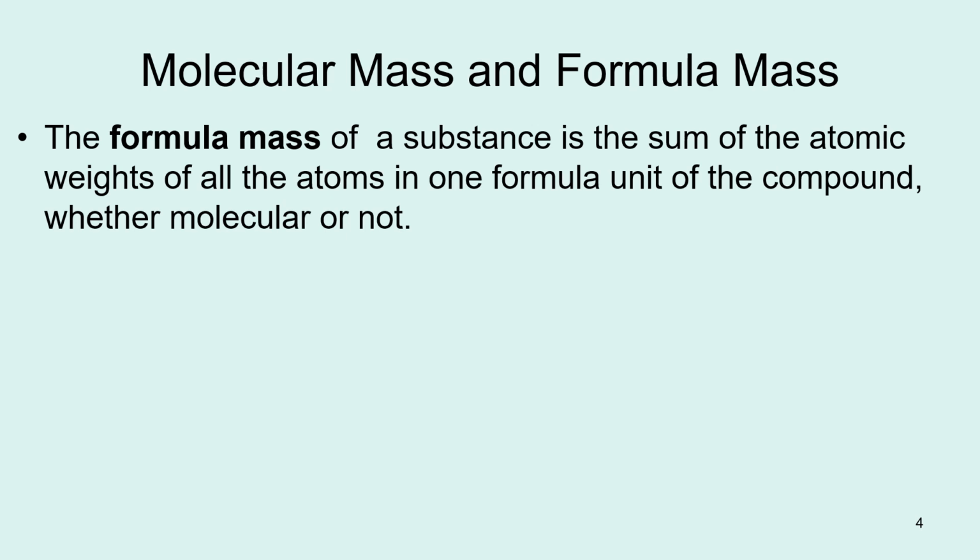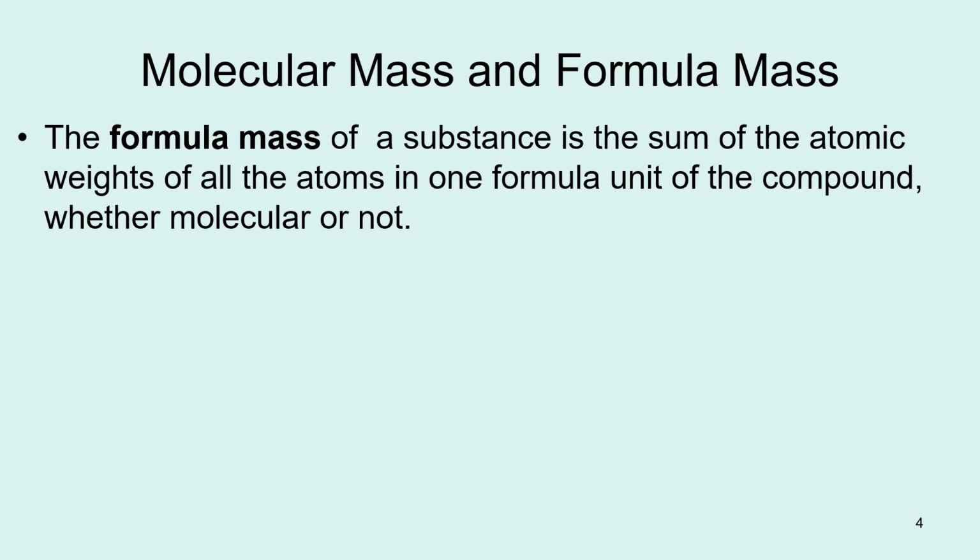So if it's molecular or ionic, molecular mass and formula mass often get confused or merged into one. I would say I'm guilty of that. Most of the time, I often use the word molecular weight instead of molecular mass. So just keep that in mind. They kind of all mean the same thing.